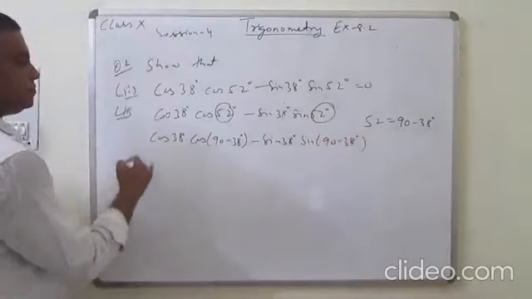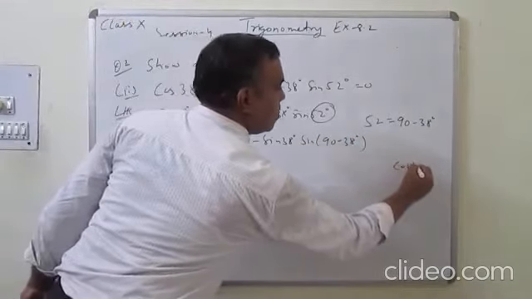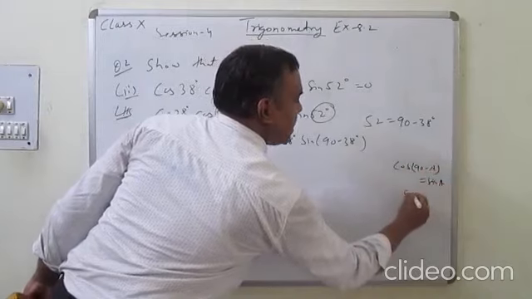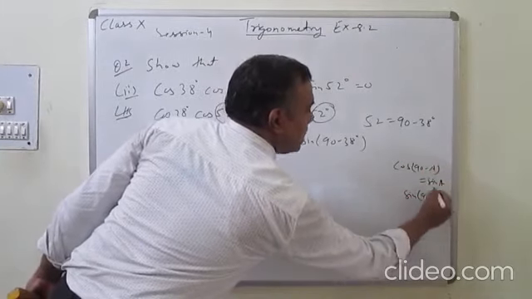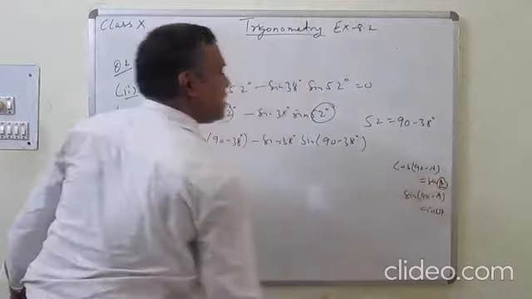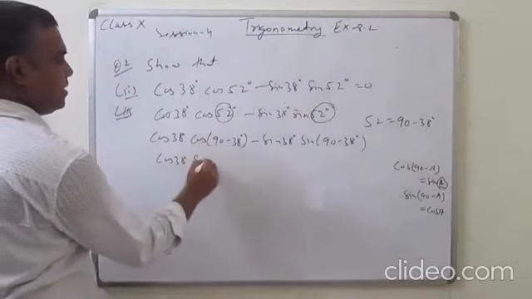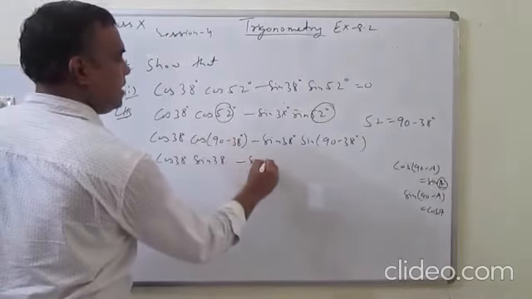Now see here, cos 38, cos (90 minus A). Cos (90 minus A) is sin A, and sin (90 minus A) is cos A. The angle is the same, only sin becomes cos and cos becomes sin.